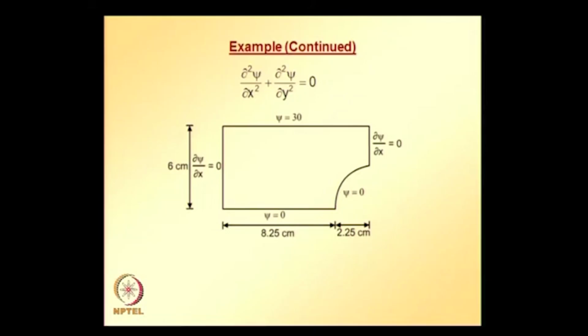So these are the essential boundary conditions, and we need to impose them on the nodes which are along these boundaries. Once we impose these essential boundary conditions, we can solve for the nodal values and do all kinds of post processing.